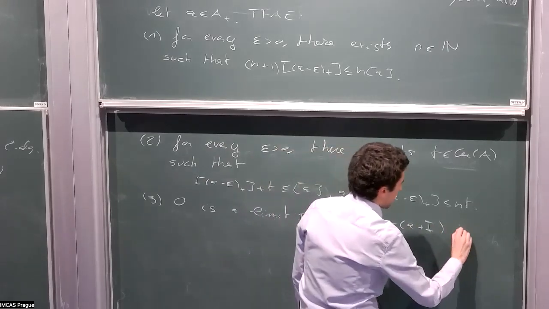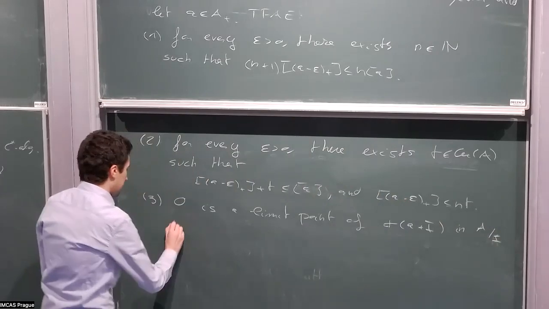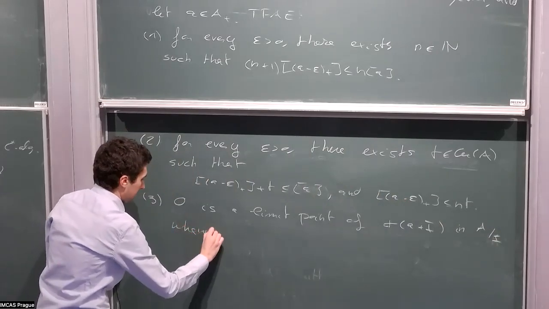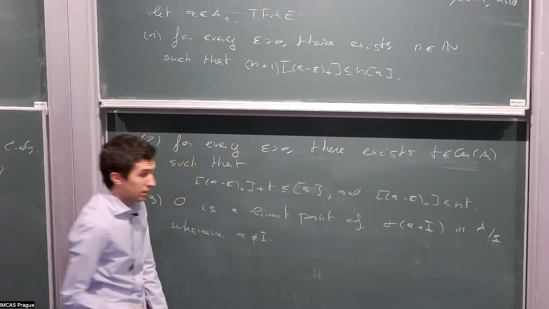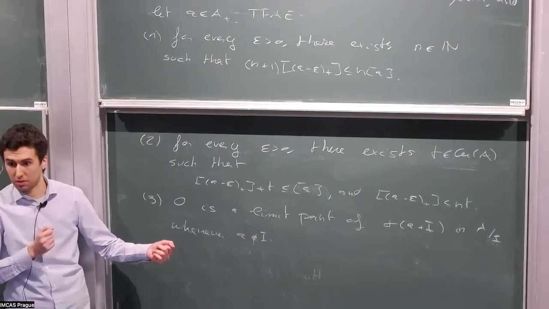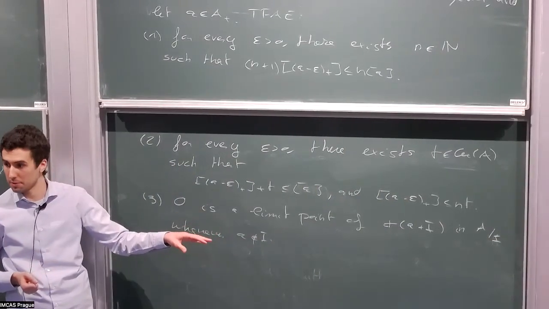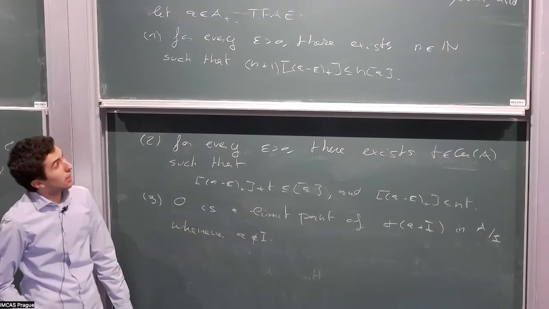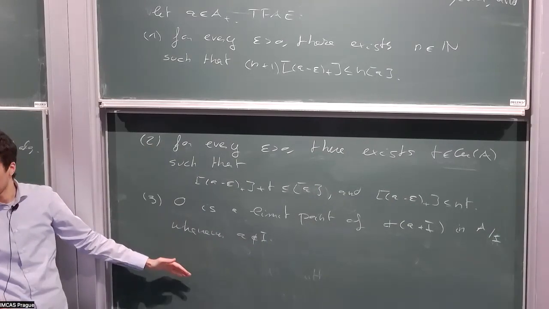So in A mod I, whenever A is not in I, because otherwise A is 0 and 0 is not a limit point of itself. So whenever A is not 0 in the quotient, 0 must be a limit point. So under stable rank 1, these three conditions are the same.